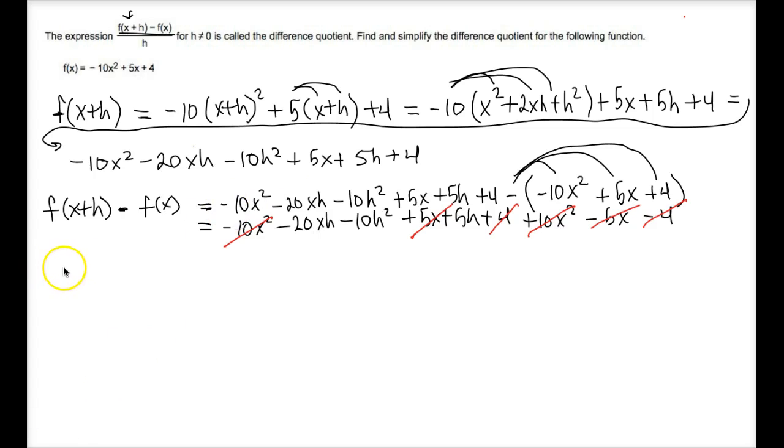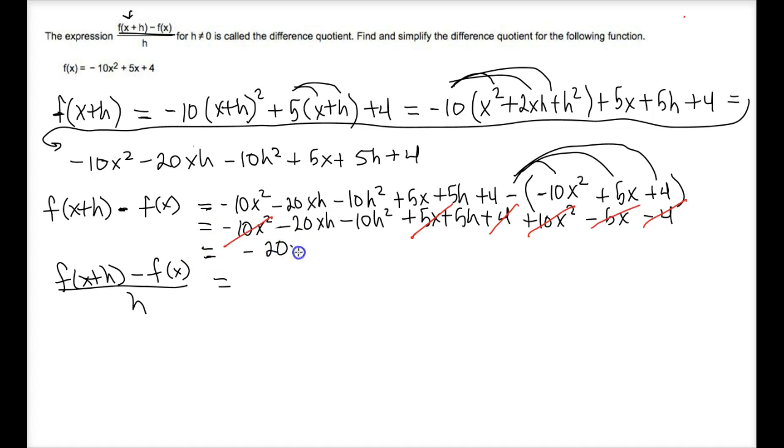All right, so to finish this out, we're now going to do f of x plus h minus f of x, all that divided by h. So we have everything that we had left here, and I did forget to write this, so let me go ahead and write this now.